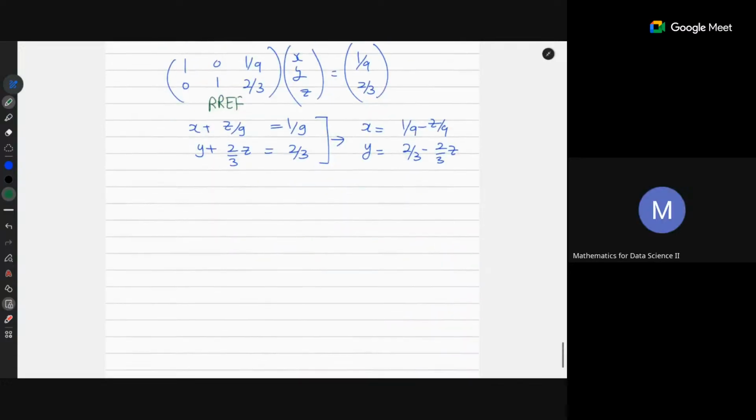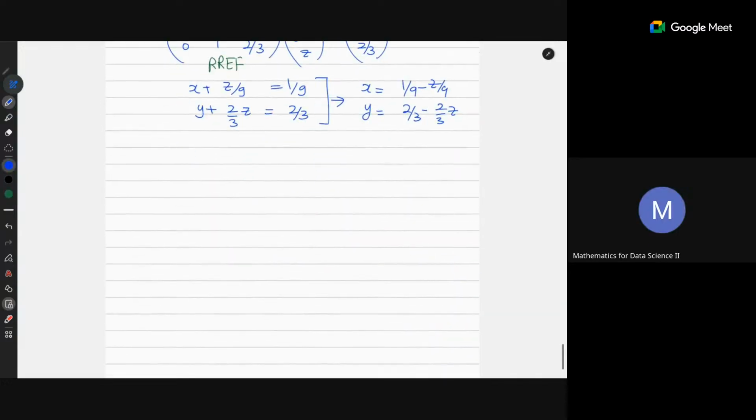For example, you can have a matrix like this. So this is an example only. This is in RREF form, right? The first column and the third column have leading terms. So the variables corresponding to that, x1 and x3, are the dependent ones, and x2 is the independent.